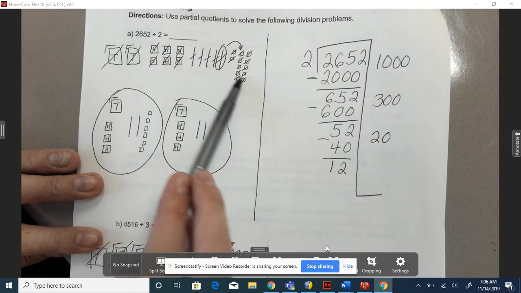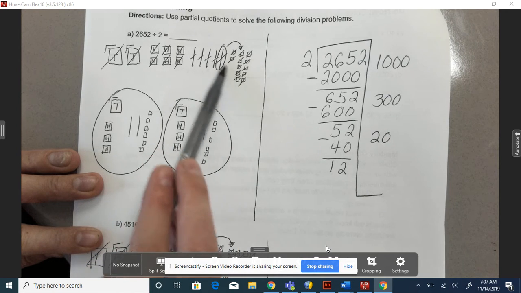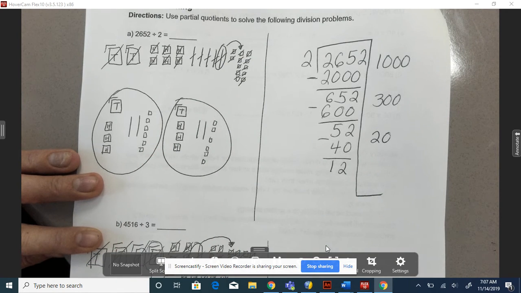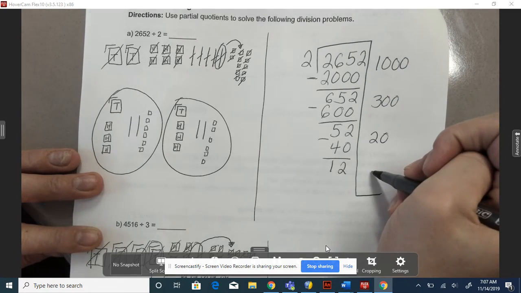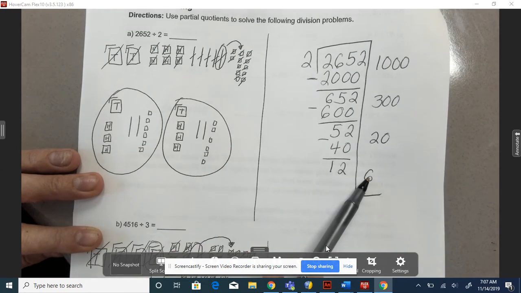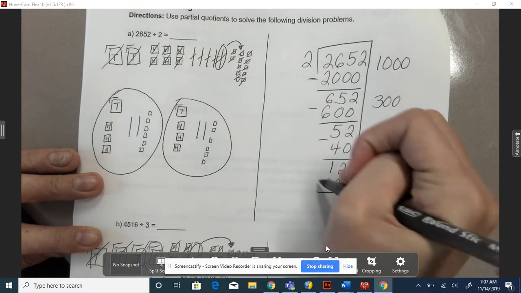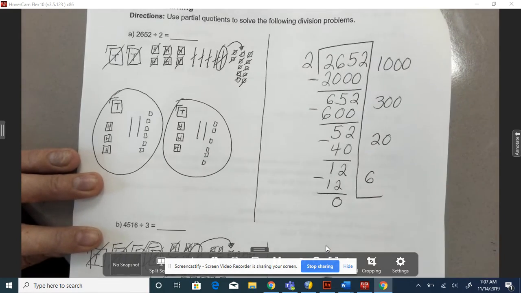Notice we had leftover 12 here, but we regrouped this ten to make 12 ones. Well, I know my basic facts of 2 times 6 equals 12, so I know that each group is going to get 6 cubes. 2 times 6 cubes in each group, it's going to be 12 cubes in total. I subtract and I have nothing left over.